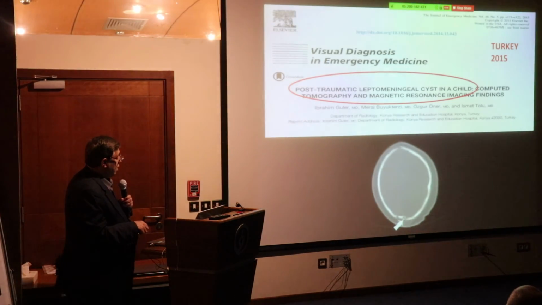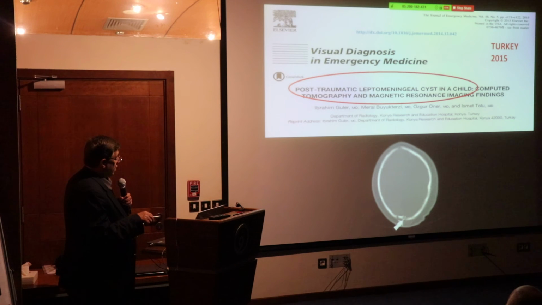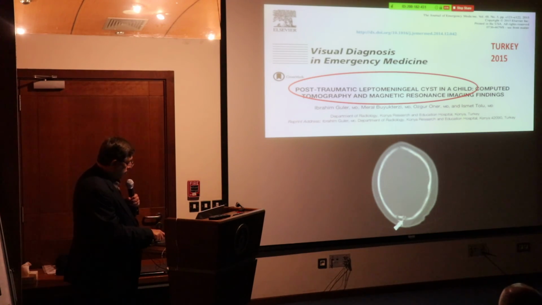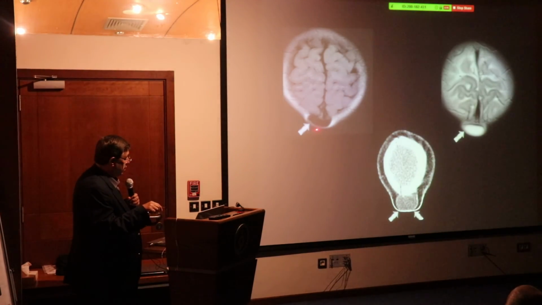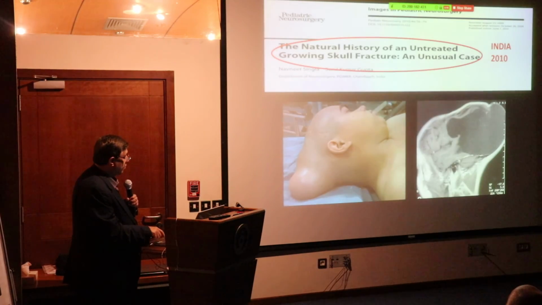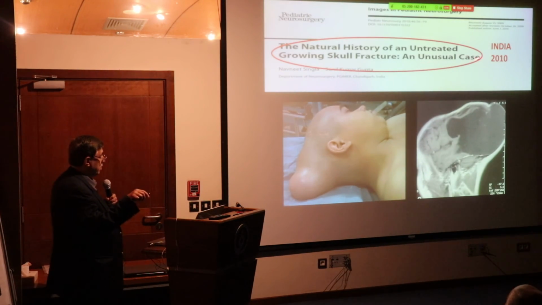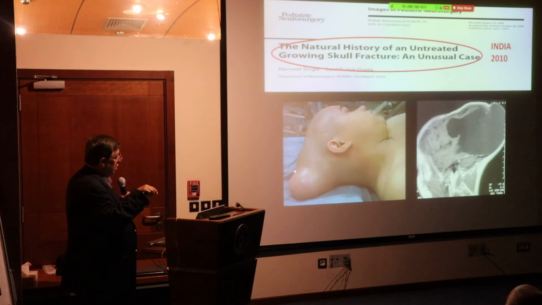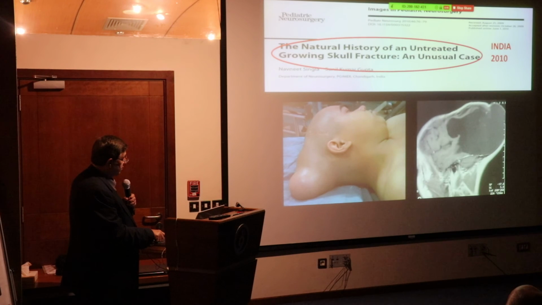This paper from Turkey is about what I said in children. This is how it starts as a small linear fracture, and then the cyst enlarges as such. Another paper from India shows you this huge leptomeningeal cyst developing after a linear fracture.